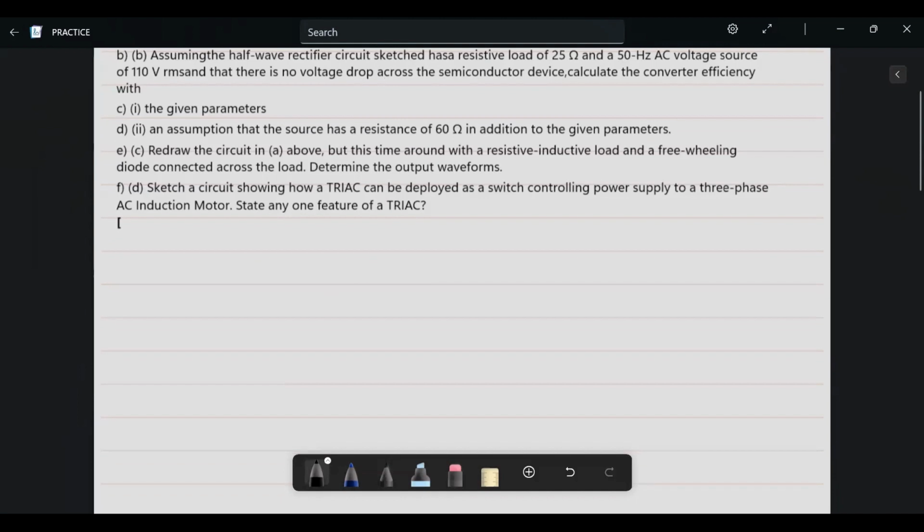So, solutions. Okay. So this is an uncontrolled rectifier. We need to have a diode, right? And this diode has a load here. And they said it's a resistive load, right? So I'm feeding a resistive load.